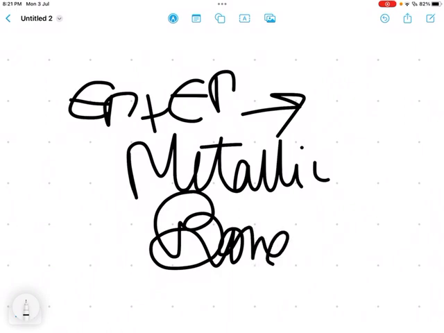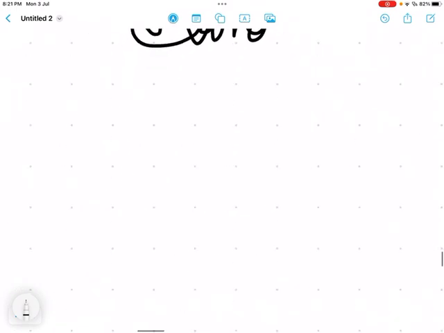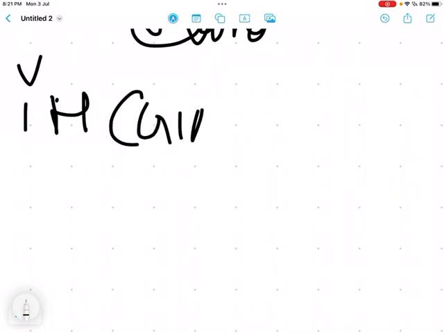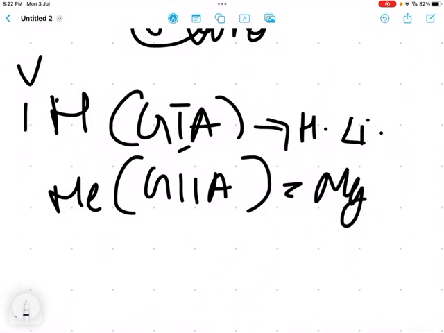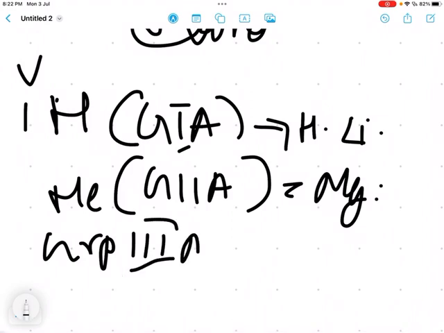Hydrogen is group 1A, helium is group 2A, then group 3A will be boron, group 4A is carbon, group 5A is nitrogen, and group 6A follows.